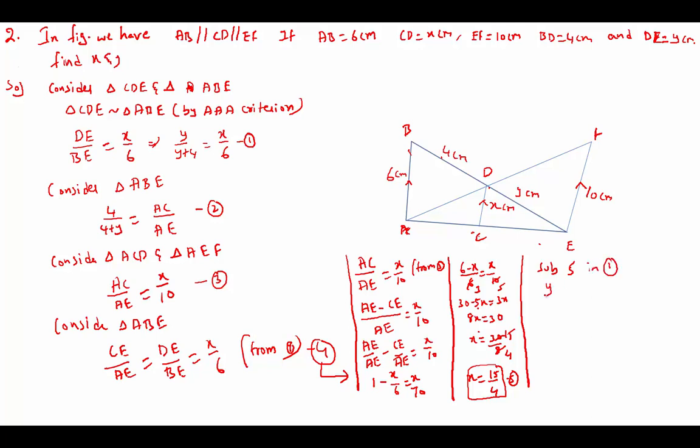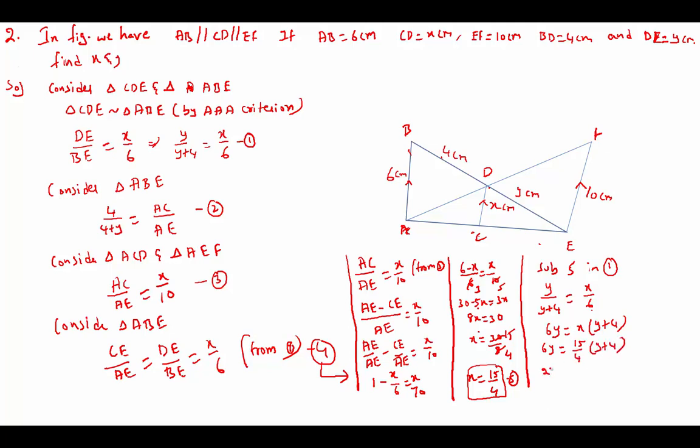So y by y plus 4 equals to x by 6. 6y equals to x into y plus 4. On substituting, you will get 6y equals to 15 by 4 into y plus 4.